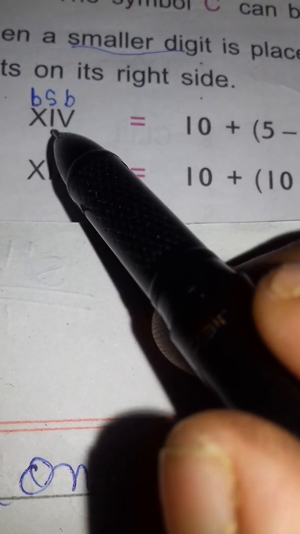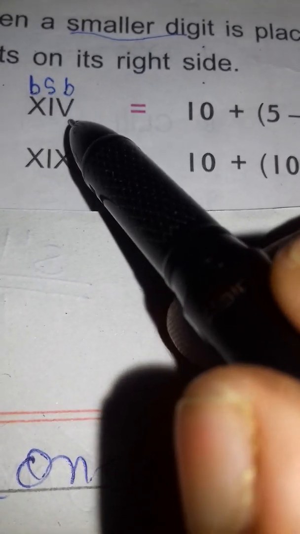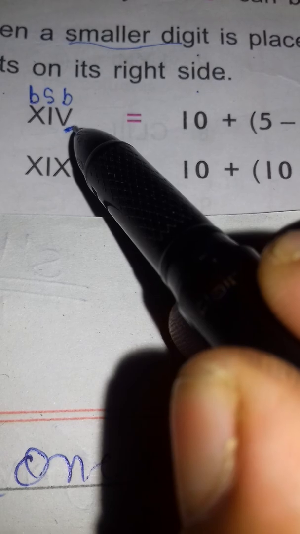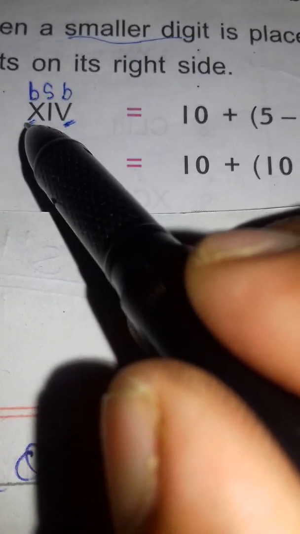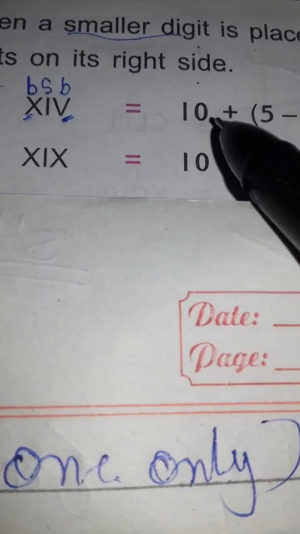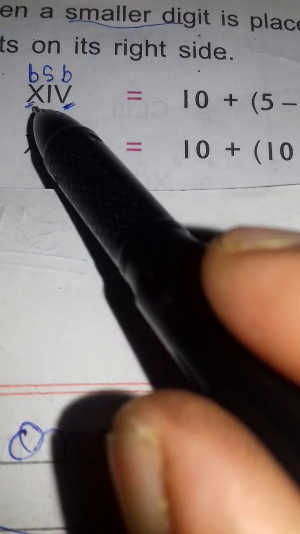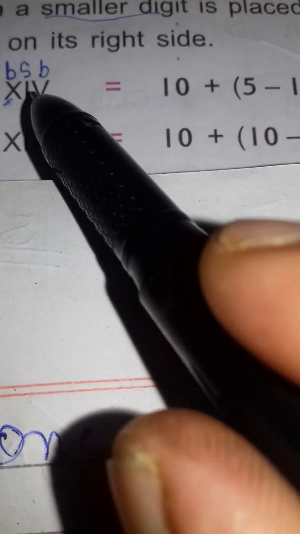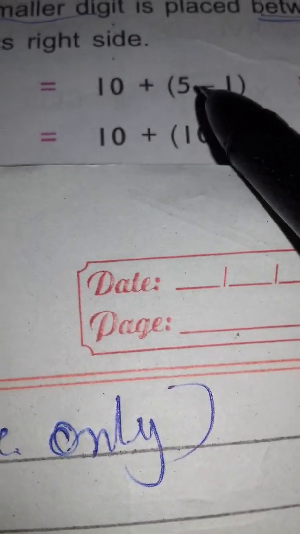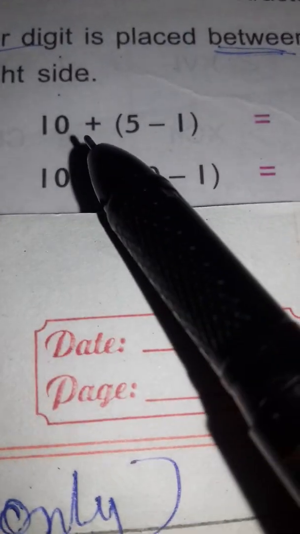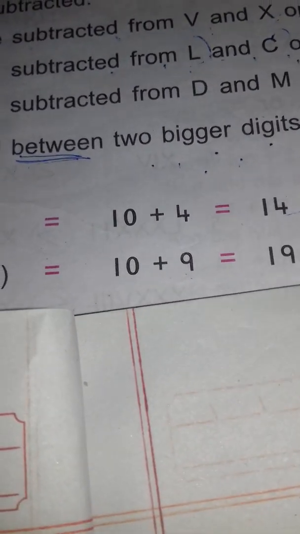So the small digit will be subtracted from the digit on its right side and added to the left digit. The left digit is X, so 10 plus, now from this we have to subtract, so 5 minus 1, it comes 10 plus 5 minus 1 means 4, so 10 plus 4, 14.